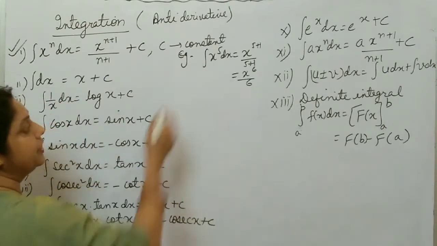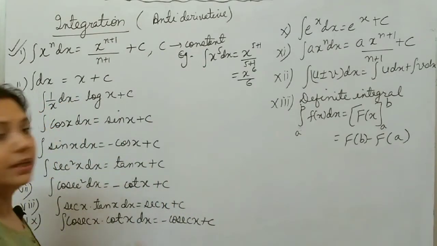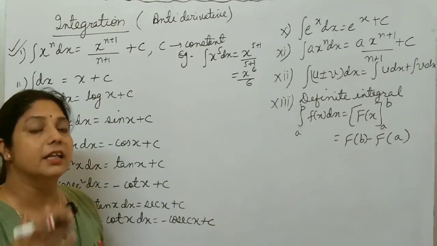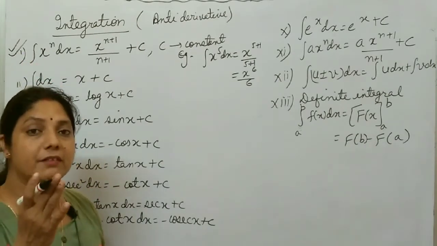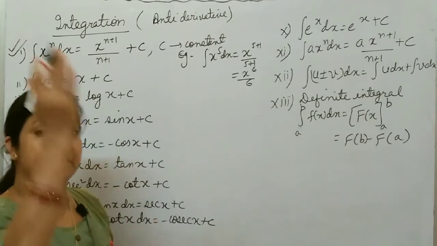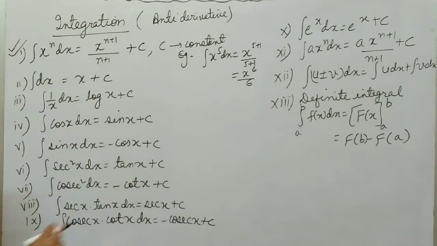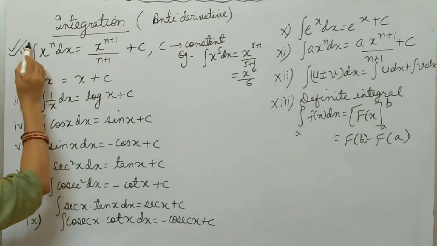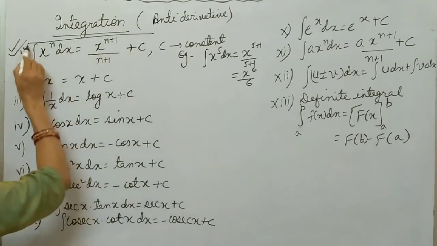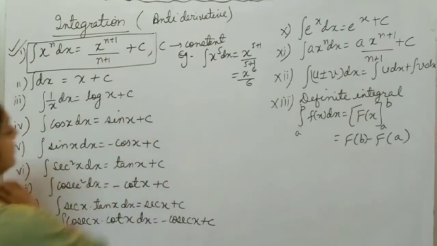Integration of x to the power 7: 7 plus 1 means x to the power 8 by 8. X to the power 12: 12 plus 1 is 13, so x to the power 13 by 13. In this way you integrate different functions. Just remember this one, okay?